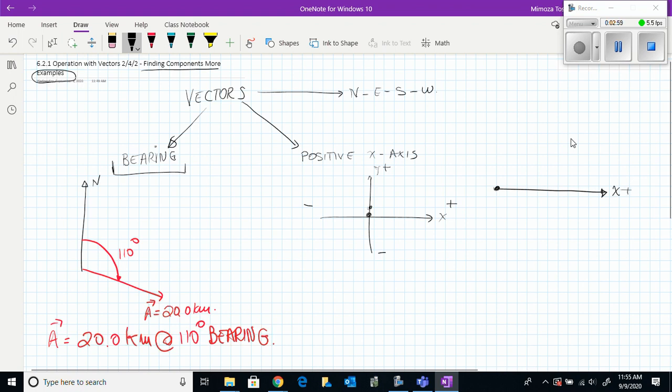If we have a vector B that is 15 kilometers at 120 degrees with the positive x-axis, then the angle 120 is considered counterclockwise.